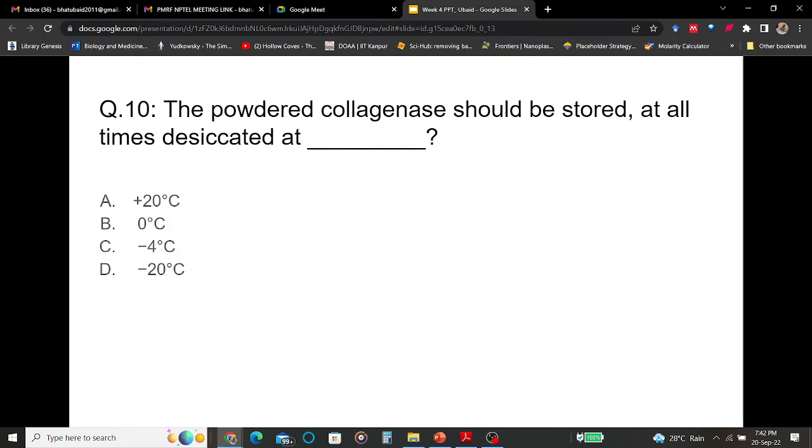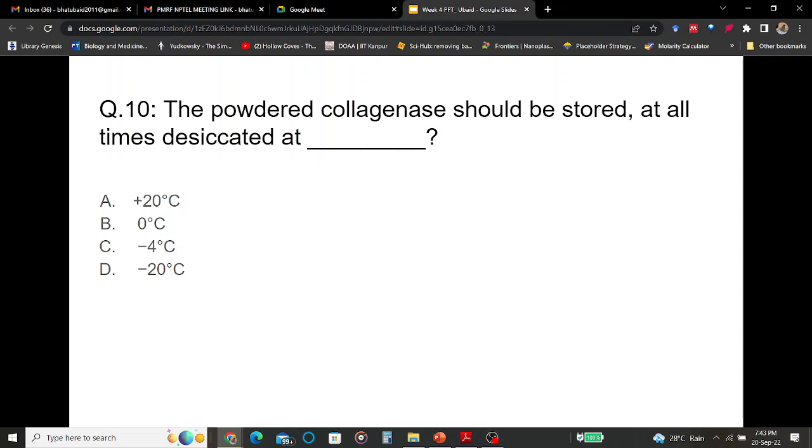The answer options are plus 20, 0, minus 4, or minus 20. So what is desiccated collagenase? Desiccated powdered collagenase does not contain any water; the water is removed completely.